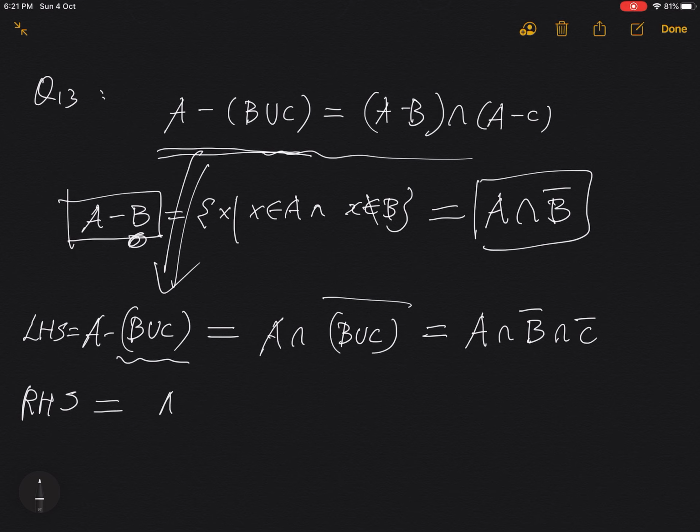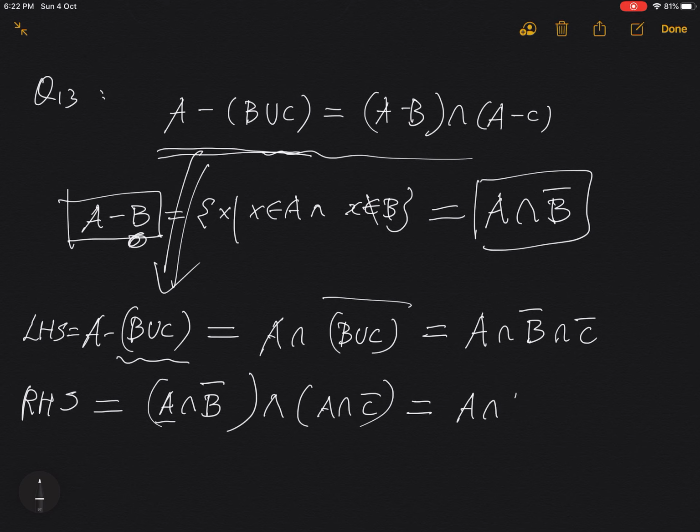Okay, and then for the right hand side, A minus B is A and the complement of B, and the intersection of set A and the complement of C. And then we expand it, we will have A and A is A. So okay, fine.